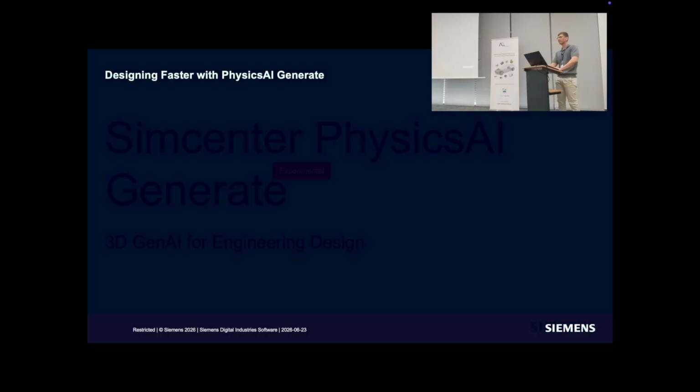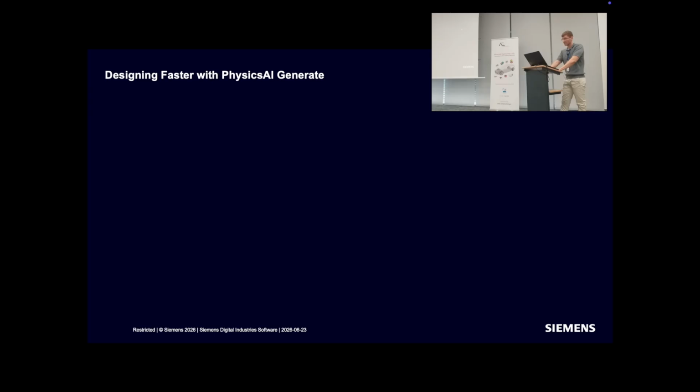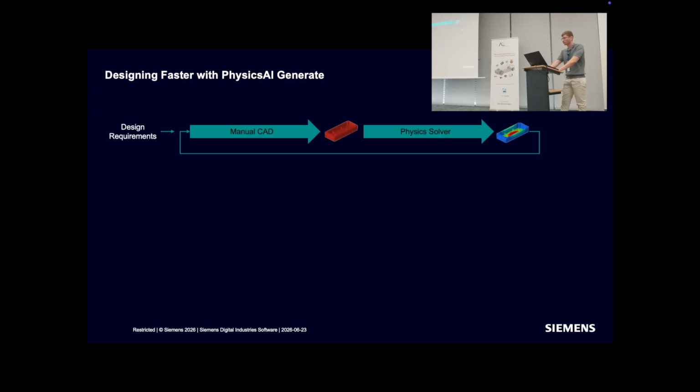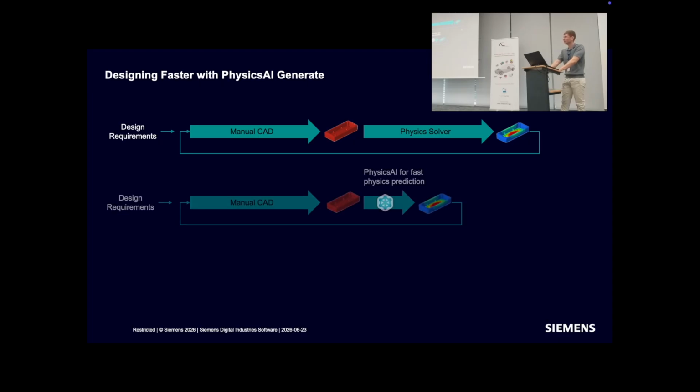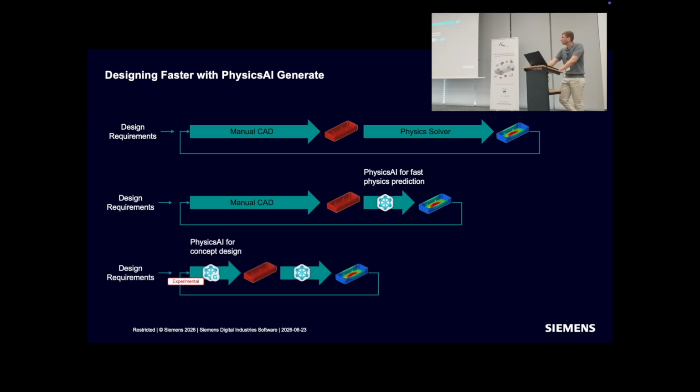So we can see where Physics AI Generate stands in the whole design process. We've talked about where Physics AI stands, basically to replace the solver, the solving time. Now, Physics AI Generate is responsible for replacing the manual CAD editing.